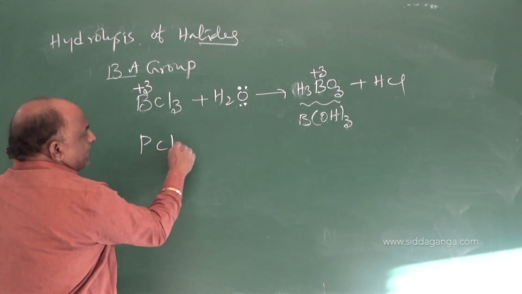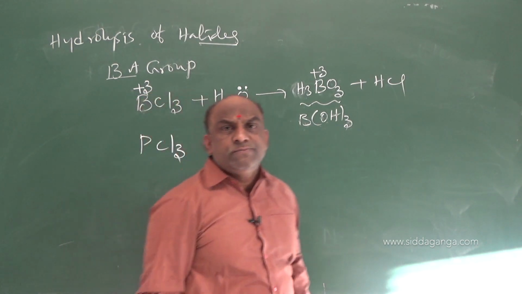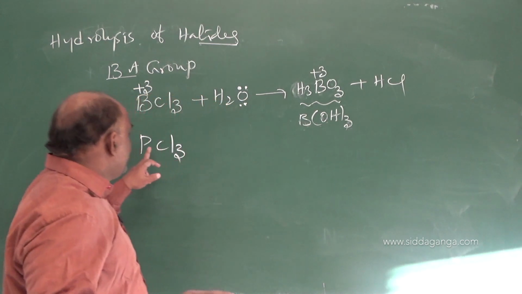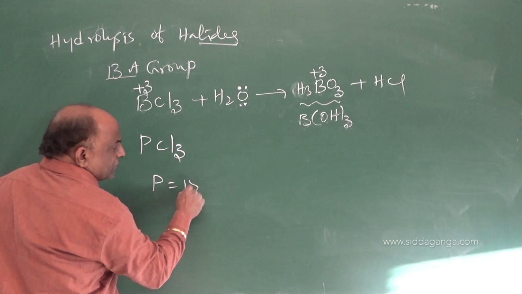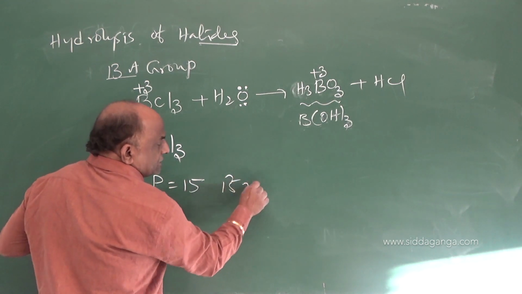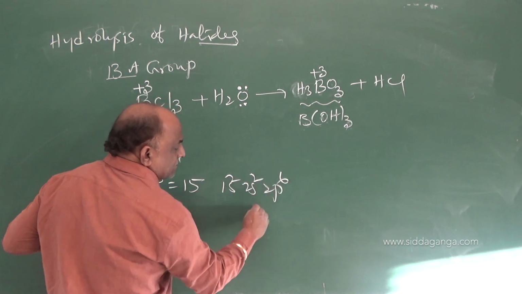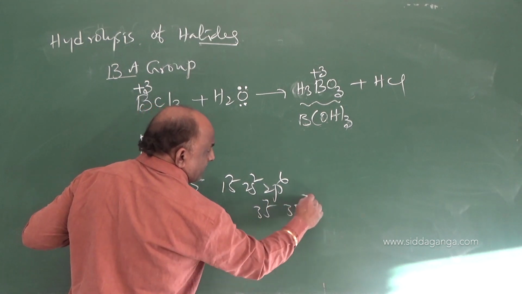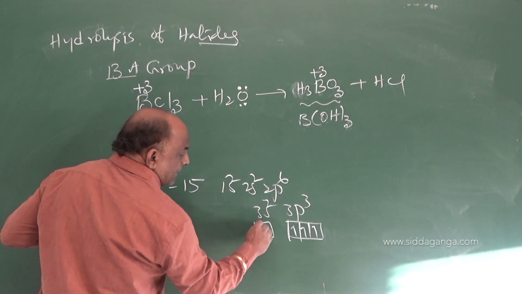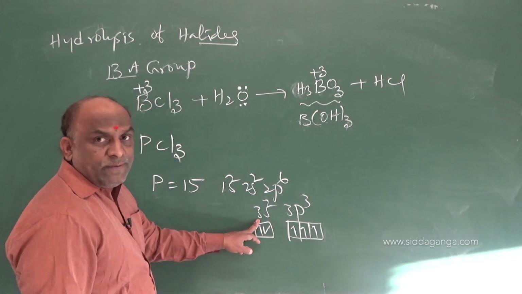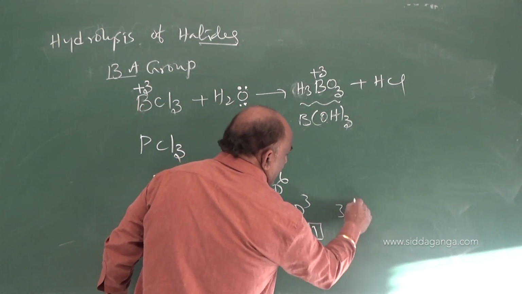We know PCl3 is called phosphorus trichloride. Already we know phosphorus, atomic number 15, has configuration 1s2, 2s2, 2p6 followed by 3s2, 3p3. Three unpaired electrons are present in the p orbital, and the pairing electron is present in the s orbital.